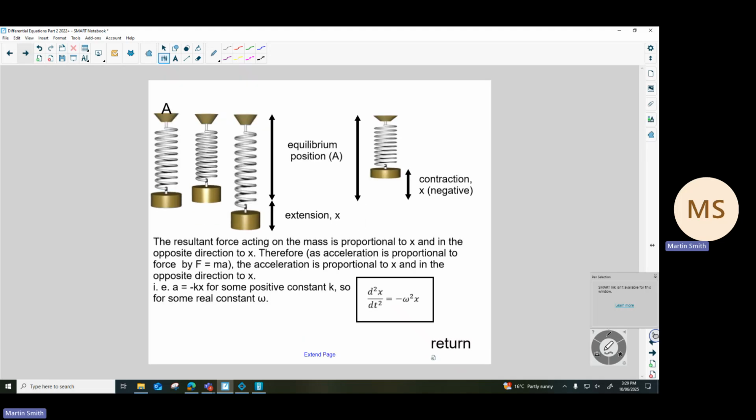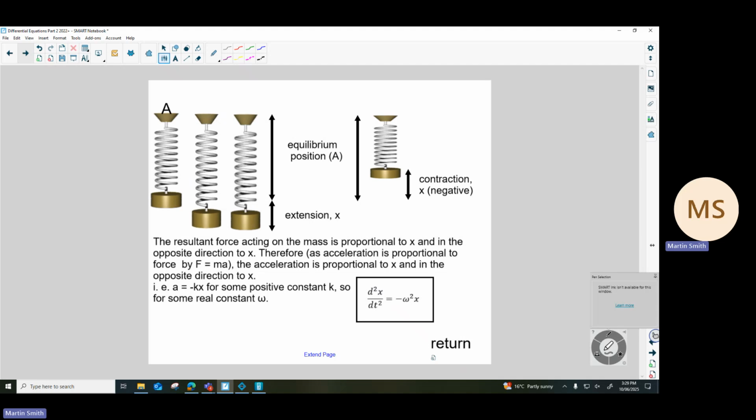Now, you're not going to need to know this background in full detail, but I think it is important to have some idea where it comes from. The idea of simple harmonic motion is you will have some object which will have some sort of equilibrium position, a starting position. If we stopped it moving, that's where it'd stay in place. So let's imagine situation A, where we have a spring which has a weight on the end of it.